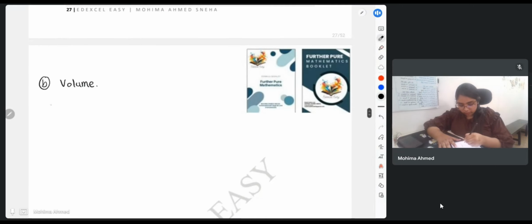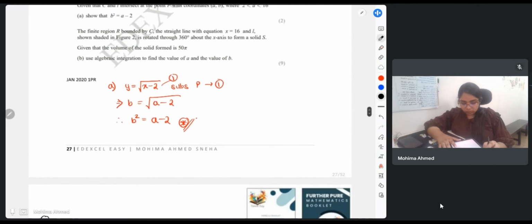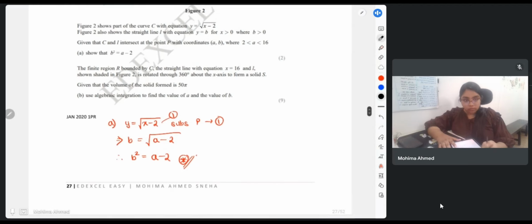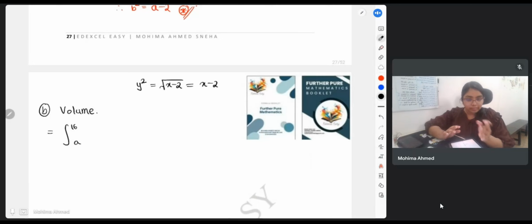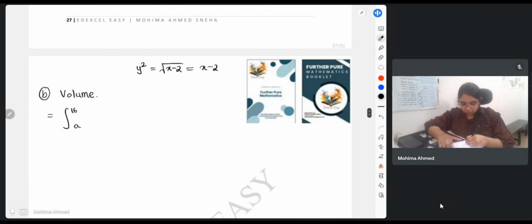So again, for volume, that will be 16 to a. Your equation was y equals root over x minus 2, right? In that case, we have to use y square. So root over x minus 2 will eventually just become x minus 2, because a square on top of a root will cancel each other out. So now you have pi y square minus, again from 16 to a, pi y square.